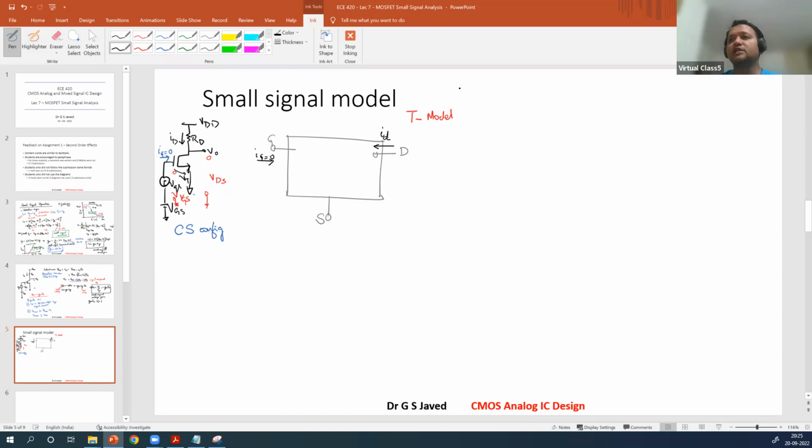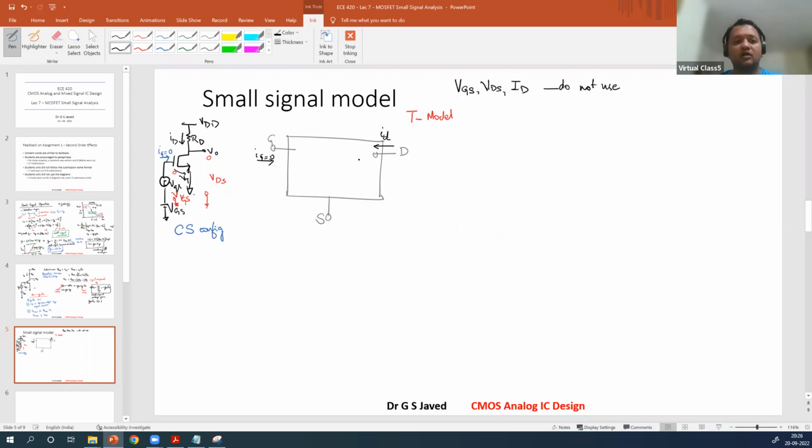You will not consider VGS, VDS, I capital. All caps will not be considered in the small signal model, so these are not used. Everything is going to be small notation. So this is ig, and ig is 0. id is whatever is going to flow here.